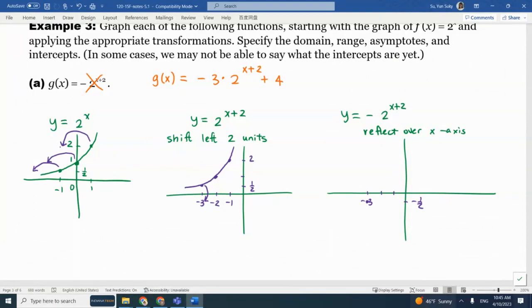And then this point reflects, so it is negative 2 and negative 1. And this point becomes negative 1 and negative 2. And we connect them. So this is reflection over the x-axis. What is the next one?